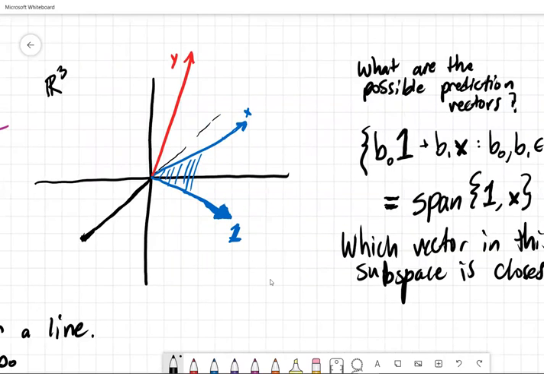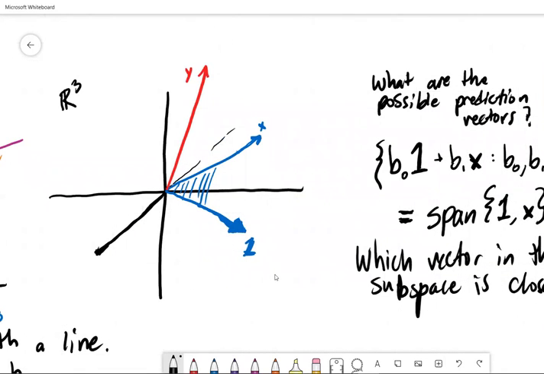Does anyone know the name of it? This may be something that was covered in your linear algebra class. There is a unique vector in the span of 1 and x that is closest to y, and it is called the projection. Yeah.